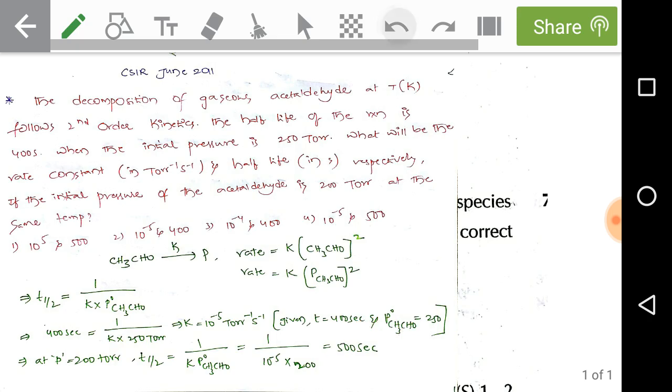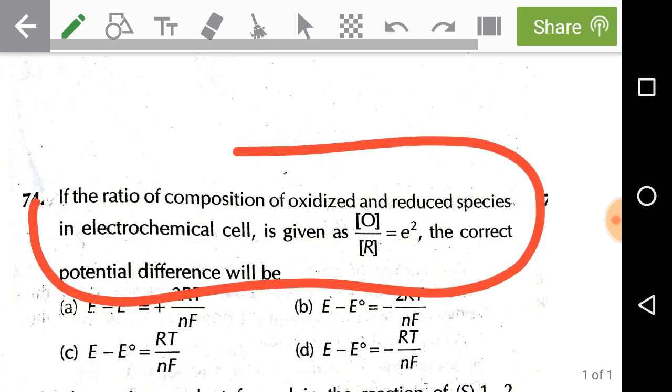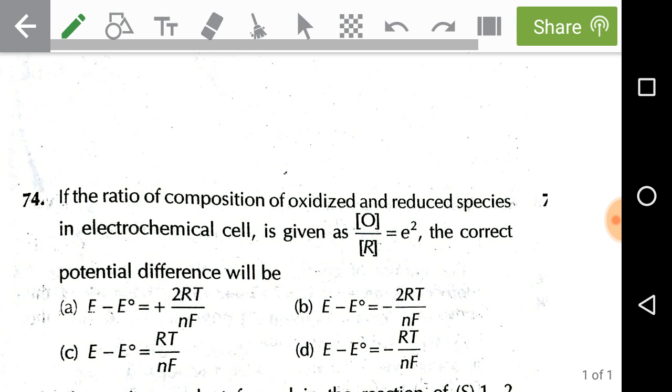And next question, if the ratio of composition of oxidized and reduced species in an electrochemical cell is given by, just look at the given expression, and here E is exponential, the correct potential difference will be.